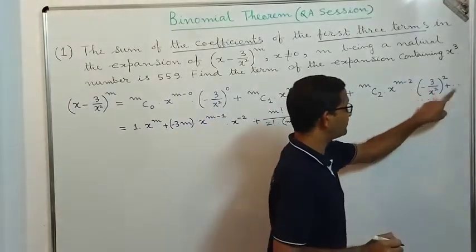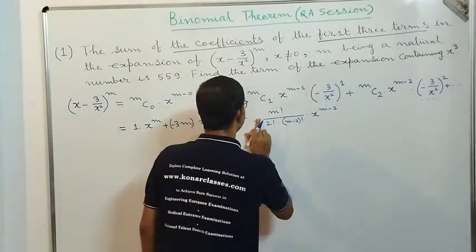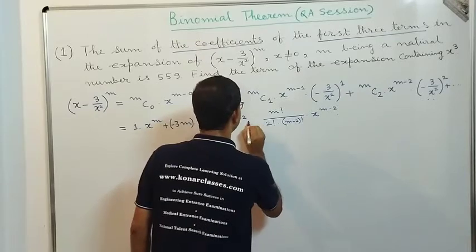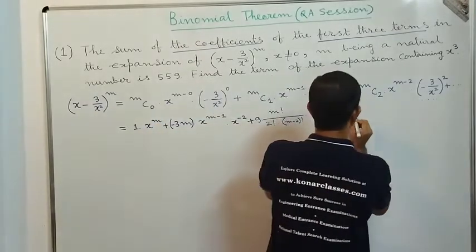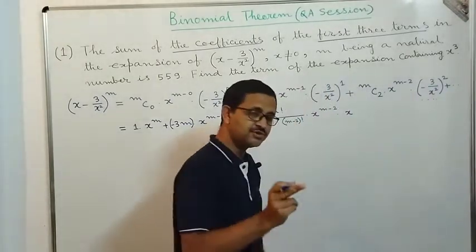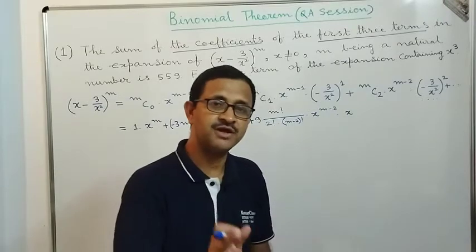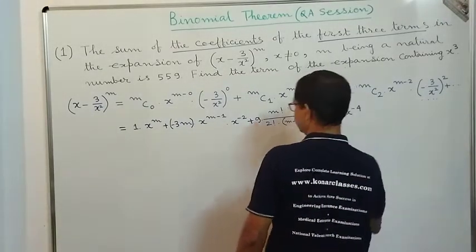That means (minus 3) whole square, which is 9. So we can write plus 9 into this, into (1 by x square) whole square, that means 1 by x to the power 4, that means x to the power minus 4.